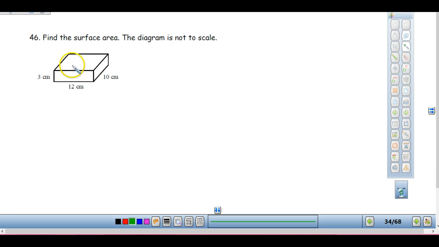Okay, surface area of the prism is going to be 2 times the area of your base plus your perimeter times your height. So the area of my base is 120, 12 times 10, so 2 times 120 plus my perimeter, I've got 12 plus 10 plus 12 plus 10 if I have that square on the bottom.